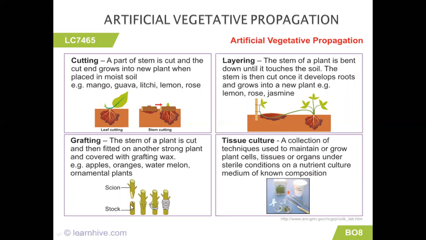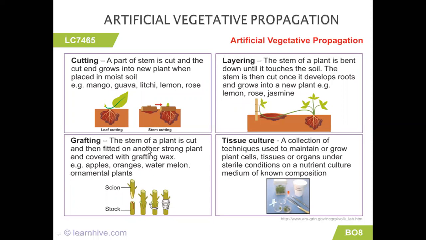Both are different. When they are joined, they start to grow, and they make a new variety. The stem of a plant is cut and then fitted on another strong plant and covered with grafting wax. You can see here we have covered it, right? It can take place in apples, oranges, watermelon, and ornamental plants.